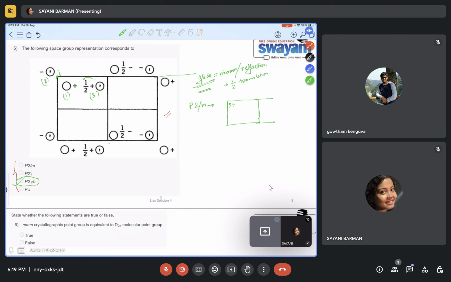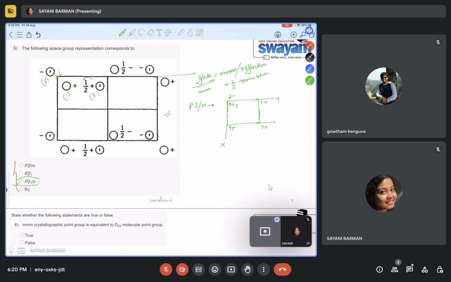I'll draw all the translation related objects. These are 4 points. And 2 means a twofold rotation along the z-axis. Z-axis means, this is y and this is x, then z is perpendicular to the plane of projection. So upon twofold rotation, it will go here.